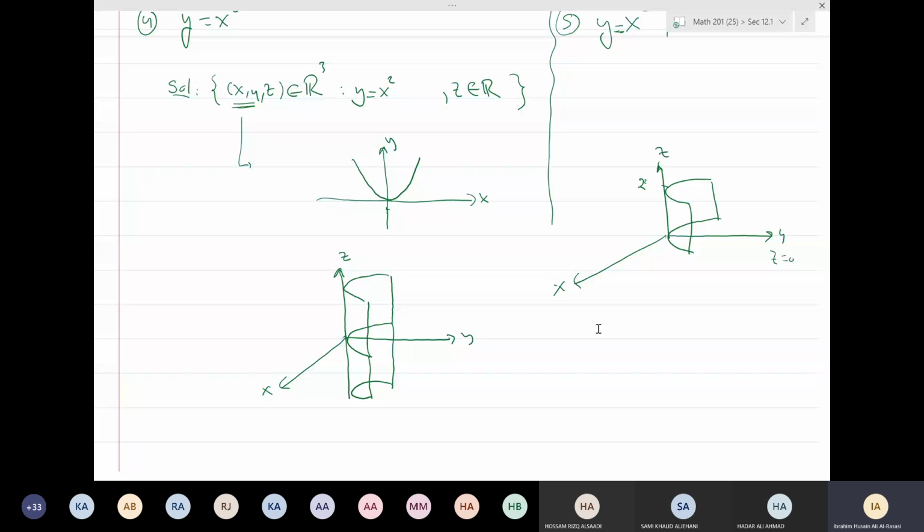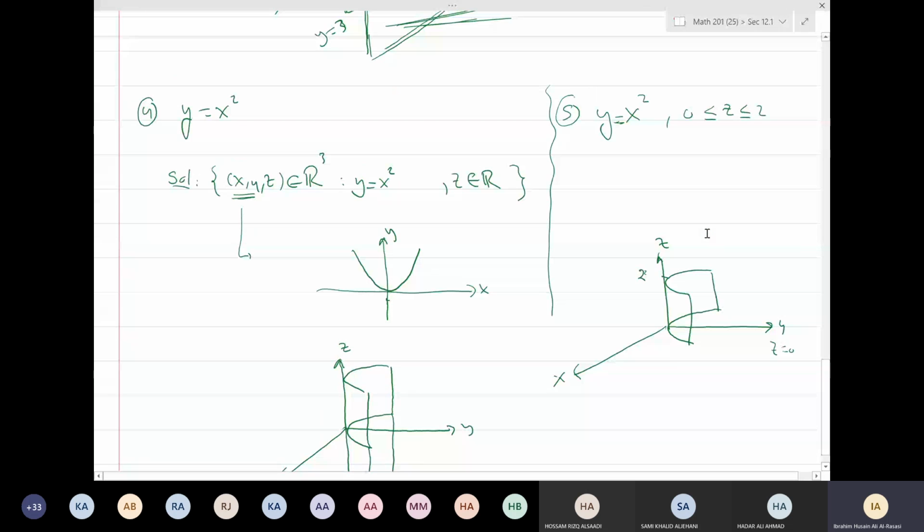Do we need to connect the lower parabola and the upper parabola? Yes, you must. It says Z is all values from 0 to 2, not only Z equals 0 and Z equals 2. So you have to shift it up to the second floor.